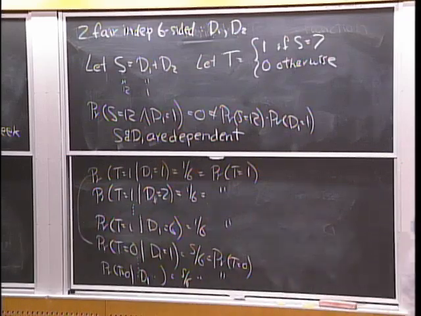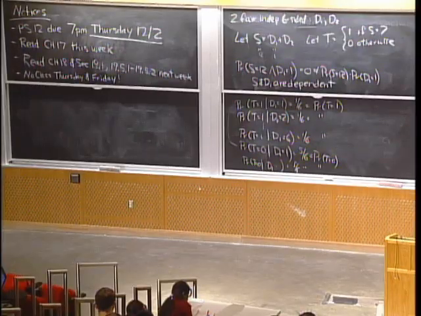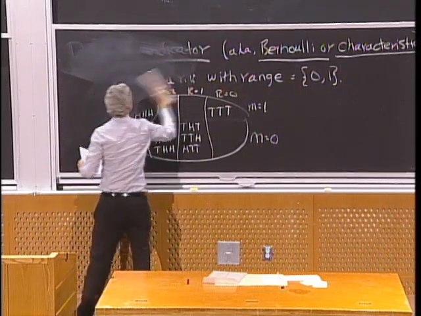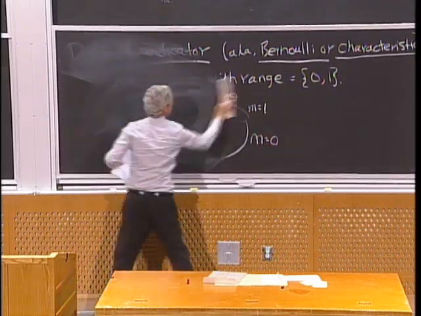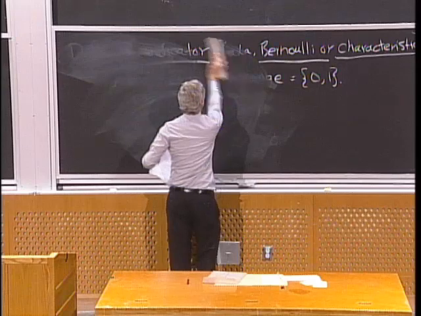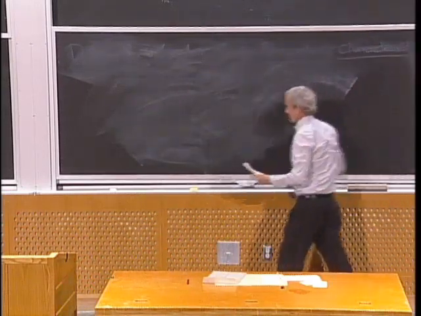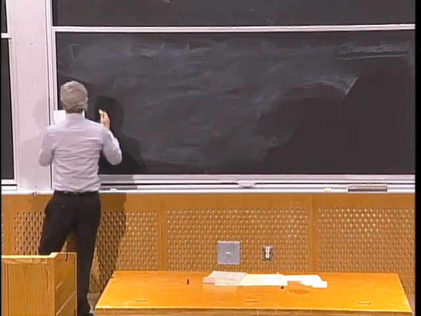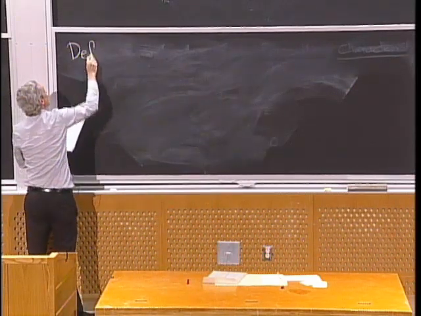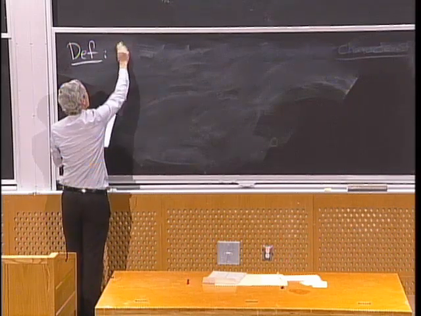OK. You can also talk about independence for many random variables. And you have a notion of mutual independence. And this is a little hairy. It's the natural thing.